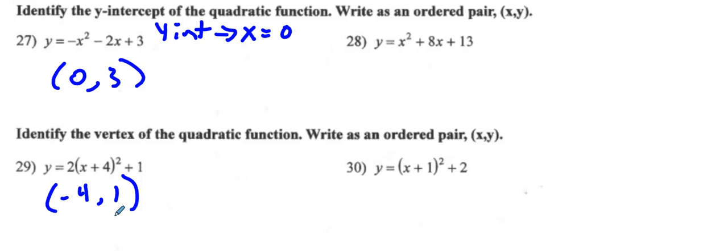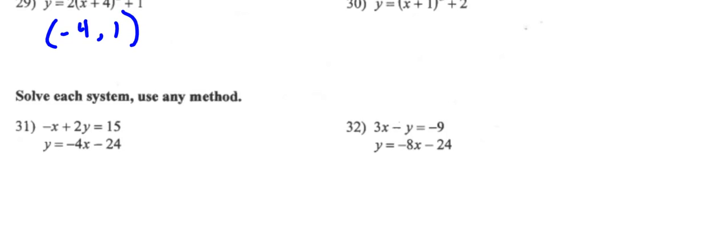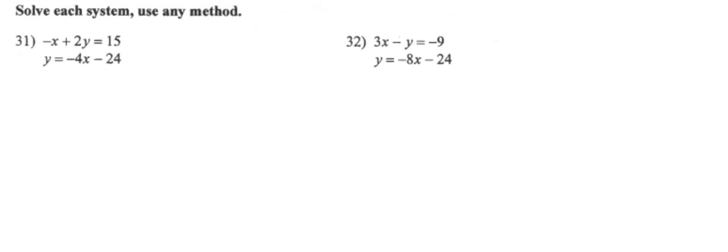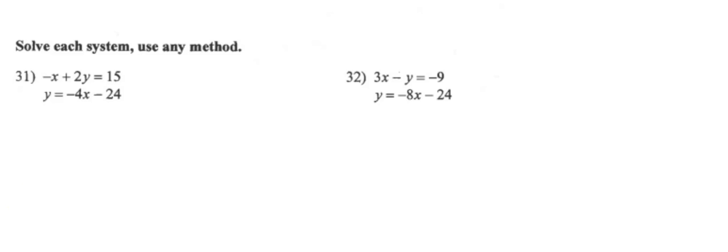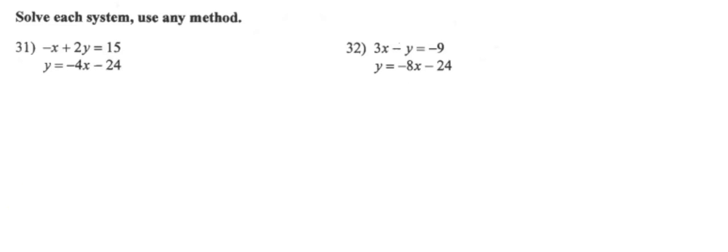Let's look at number 31. Now we're going to solve this system using any method. Just want to give myself some room. Okay. So methods that we could use is graphing.